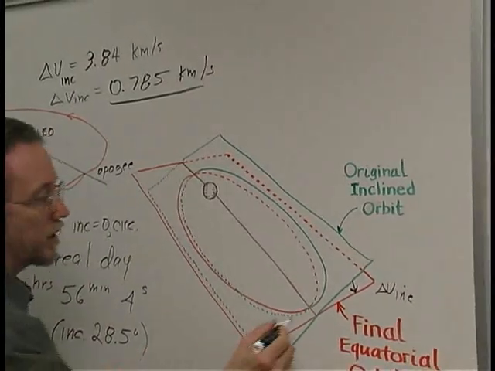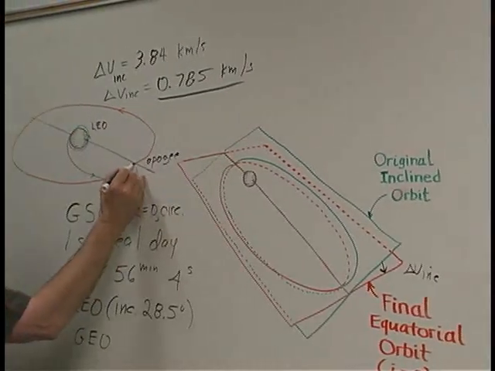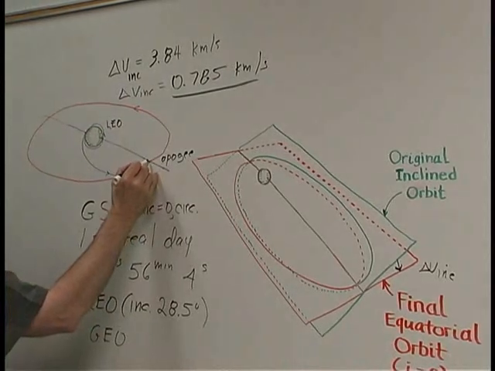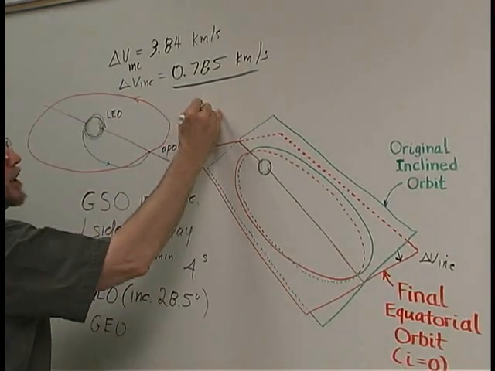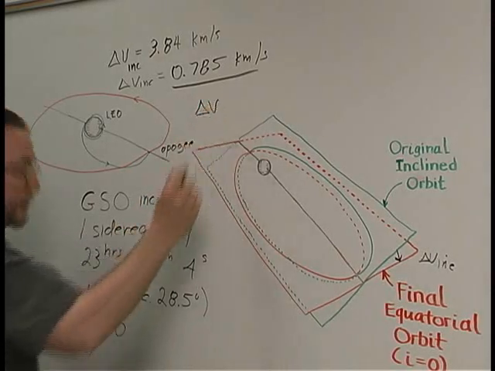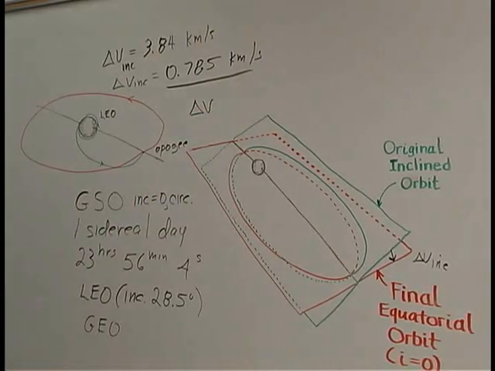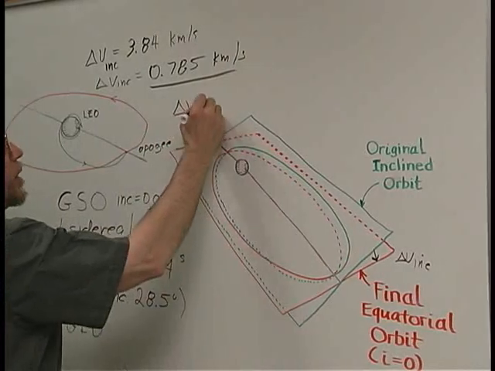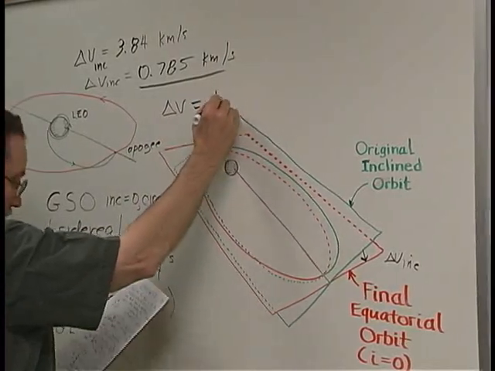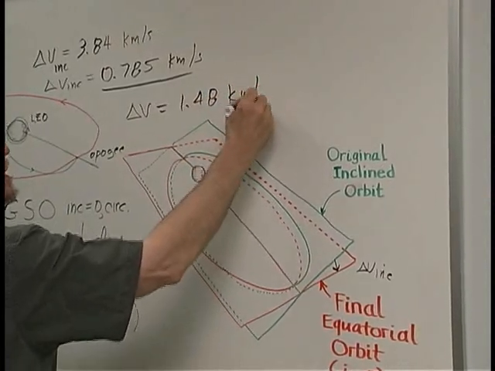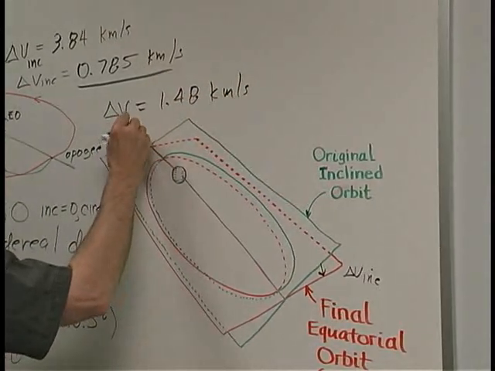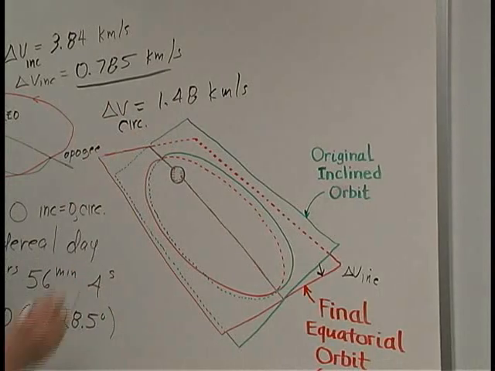At that point, we can come back to this picture, and having done the inclination change, we can then do the circularizing burn, which is a delta V of 1.48 kilometers per second. So that's the circularizing burn. And so we have a grand total.